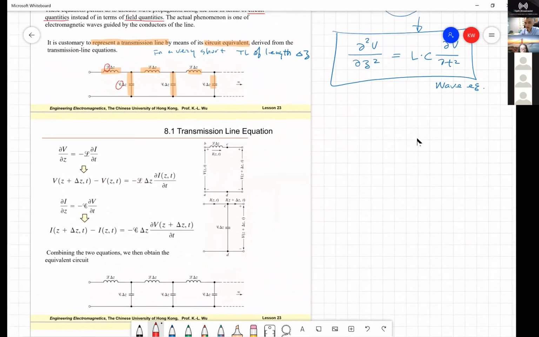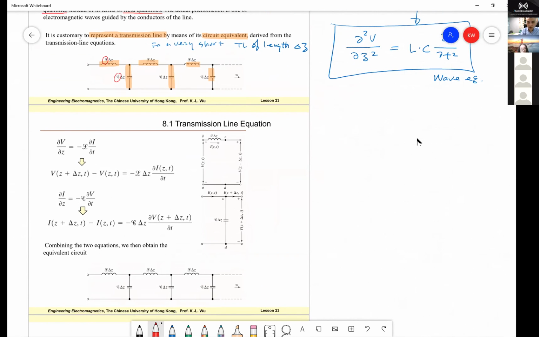To justify this circuit model is not difficult, because if you start from the equation we already derived, we can find the differential form to represent this derivative by finite difference.